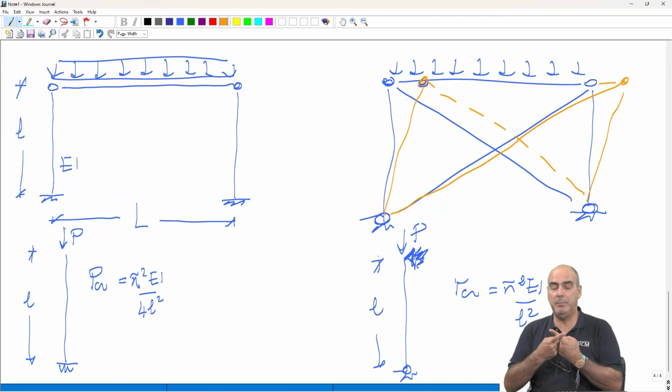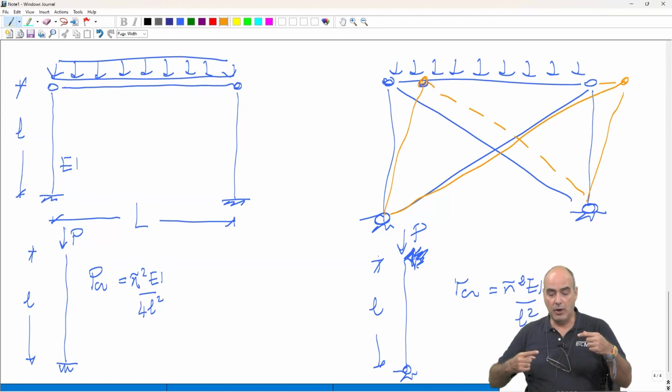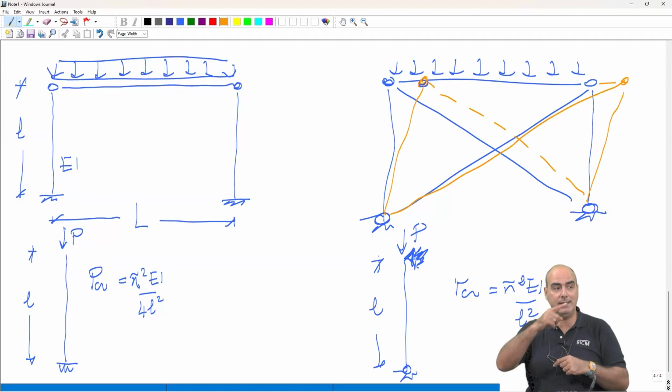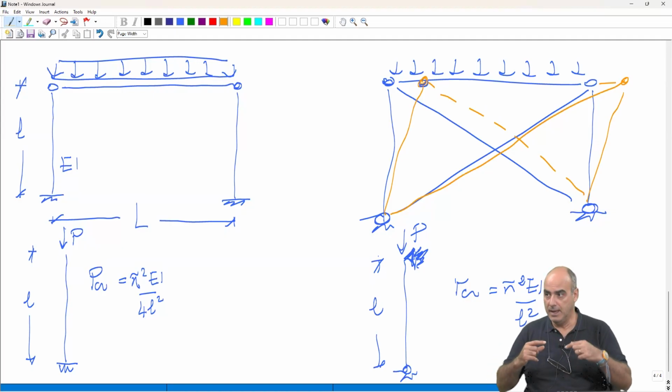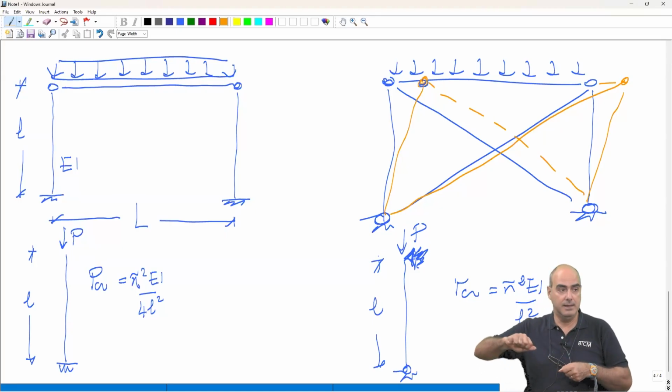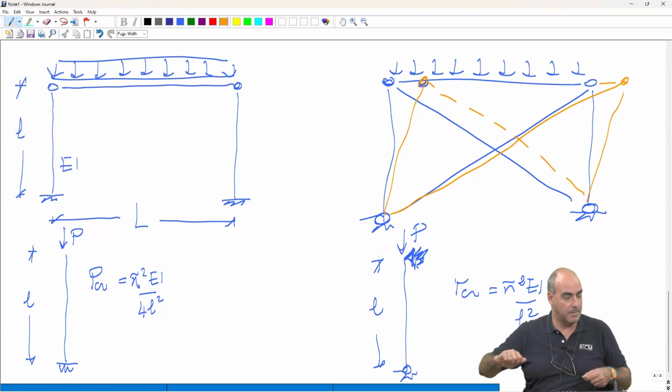But what will the bracing do? The compressed bracing, which is the one that I drew dashed, will have to shorten in order to accommodate that deformation. And the tensile bracing will have to elongate.